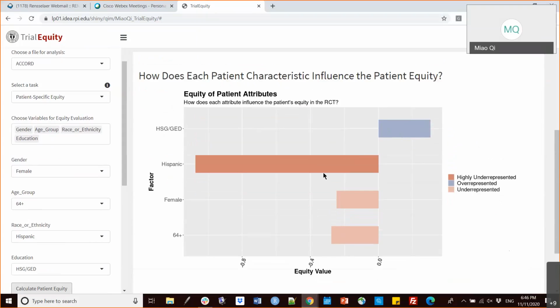But the other three factors, like the race, the gender, and the age, put her into the underrepresented subgroups, and especially the race one is highly underrepresented. So based on this analysis, it seems like this intervention may not be applicable for this individual patient since there is not enough evidence from the current study.